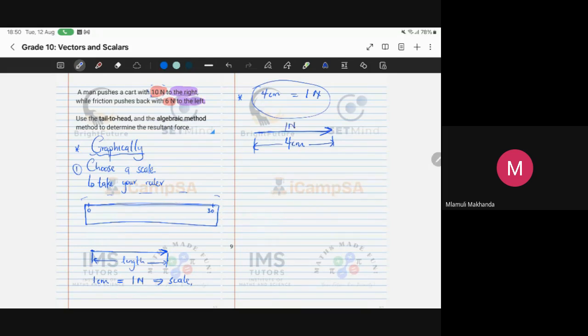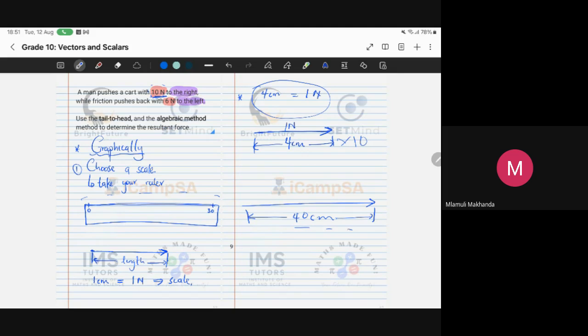And if you want to go to 10 newtons, it means you must multiply this 4 by 10, right? So you would need a ruler that can give you a length of 40 centimeters. Now, obviously, this is not possible. Your ruler only ends at 30 centimeters, so you can't draw this one.